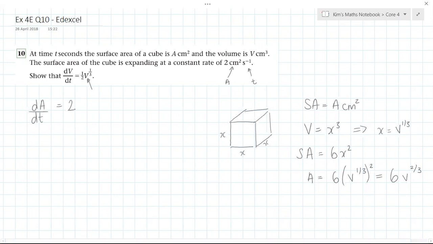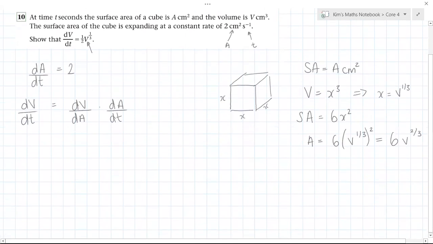So dA/dt is equal to 2, and I need to find dV/dt. So I'm going to use my chain rule. So I've got dV/dA times dA/dt, and that will give us the rate of change of the volume with respect to time.